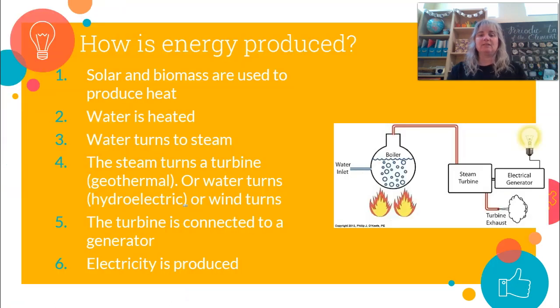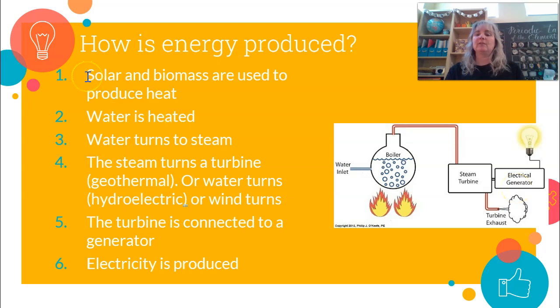All right, this slide is very similar to one that we had with non-renewable energy because it's kind of the same thing. We're using the same energy to produce, in most cases, electricity. So number one, solar and biomass are used to produce heat. Water is heated, water turns to steam, the steam turns a turbine in geothermal or with these other ones, or water turns the turbine, and then the turbine is connected to a generator and electricity is produced.